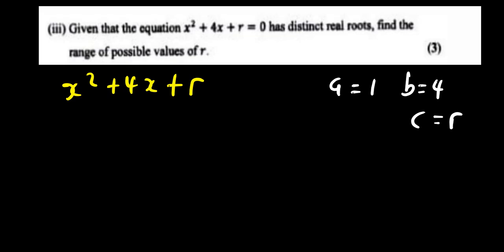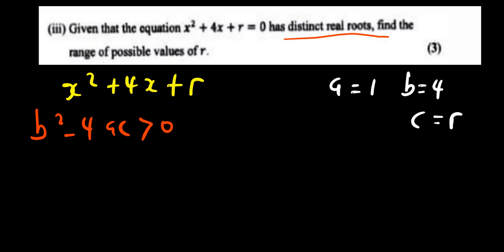Now they're saying this has distinct real roots. What did we say about distinct real roots? The discriminant b squared minus 4ac will be greater than 0.